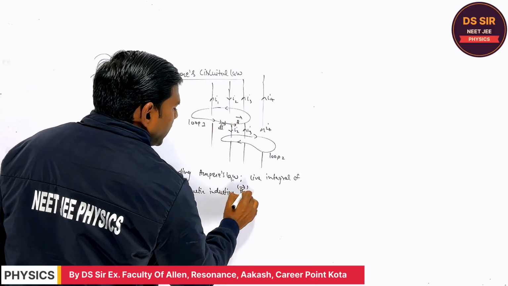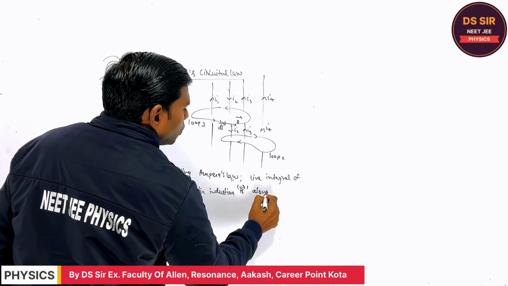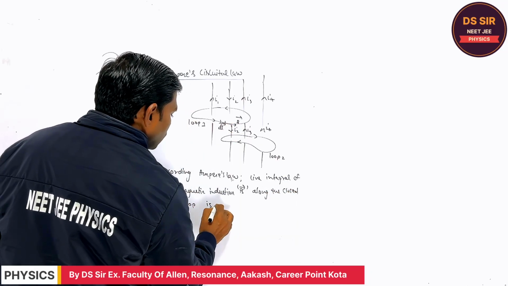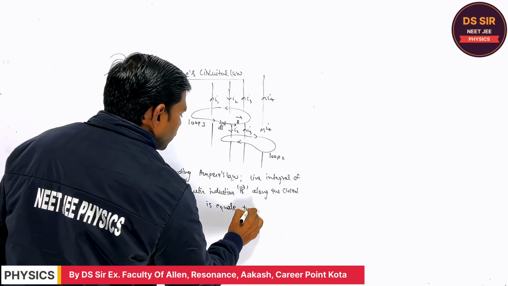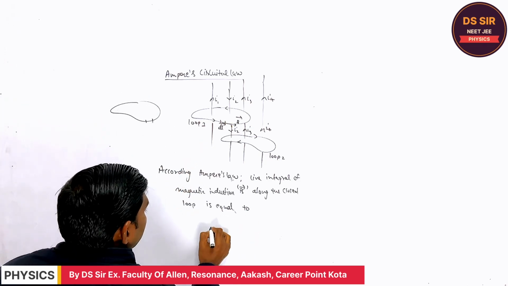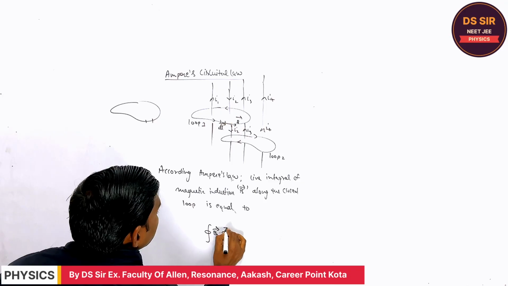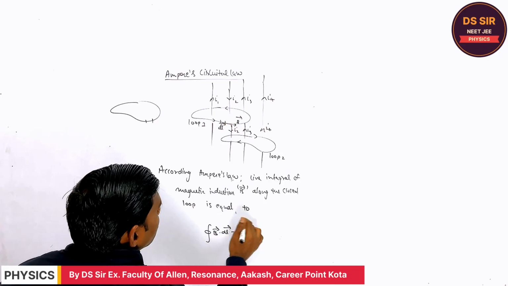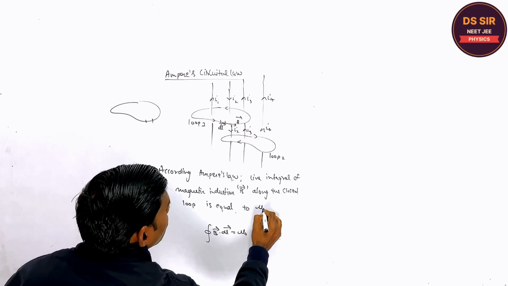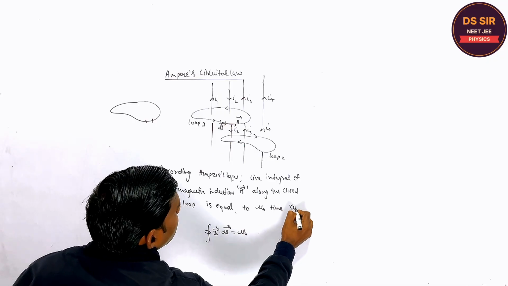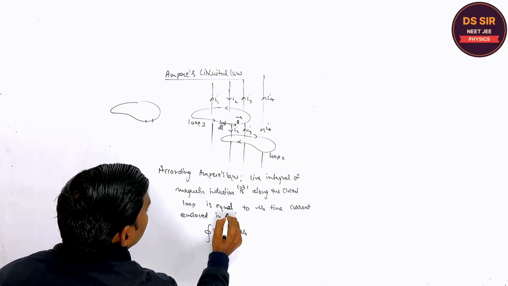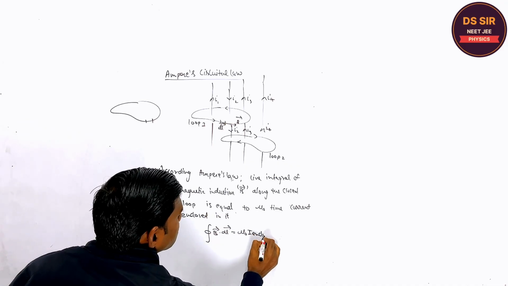Say B, along the closed loop, line integral of B dot dl is equal to mu naught times the current enclosed, I enclosed, right?